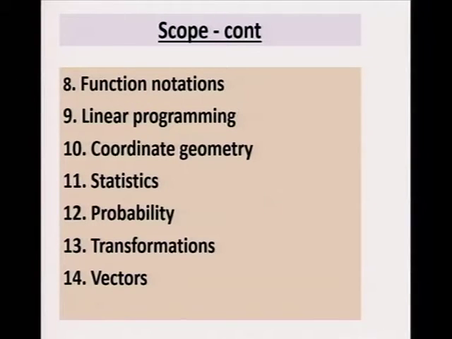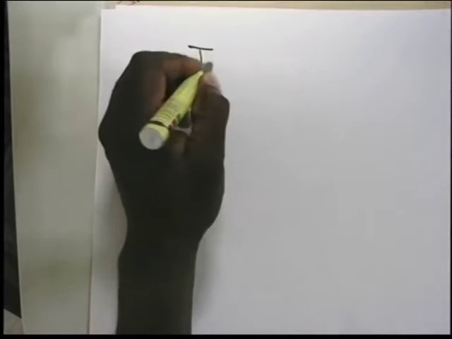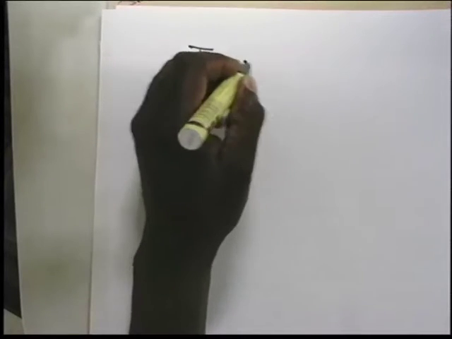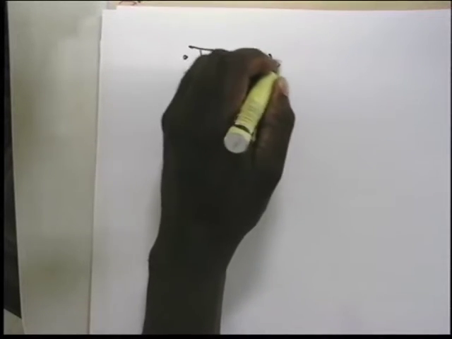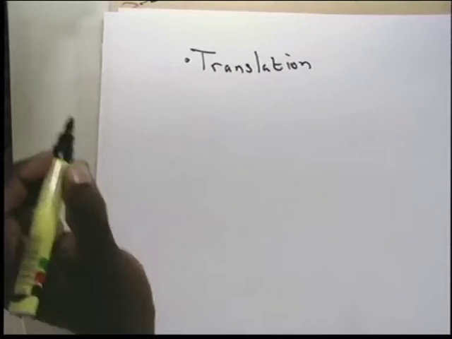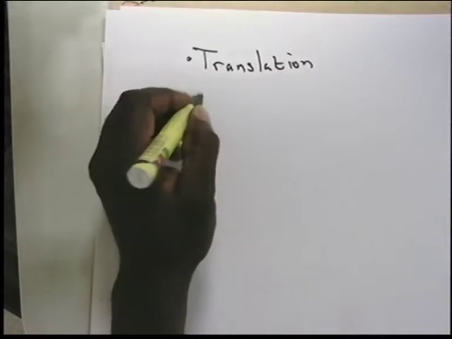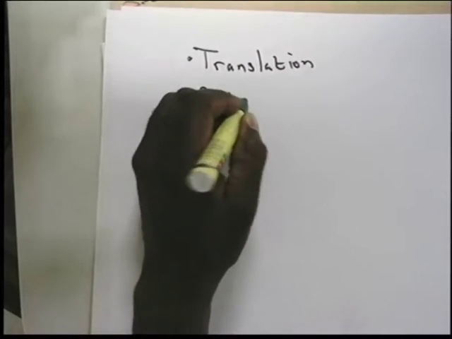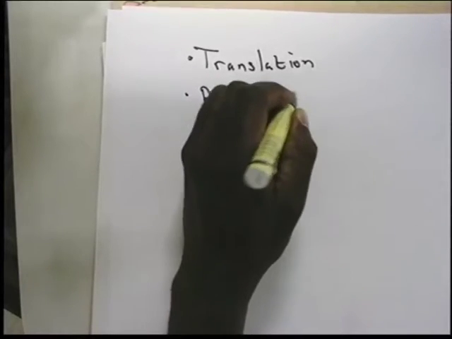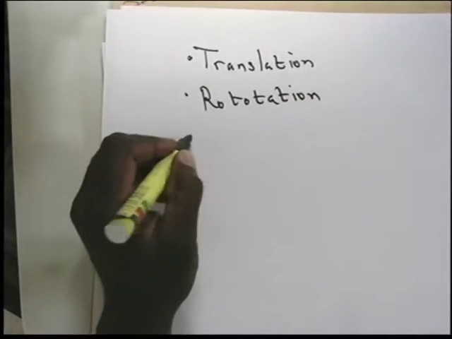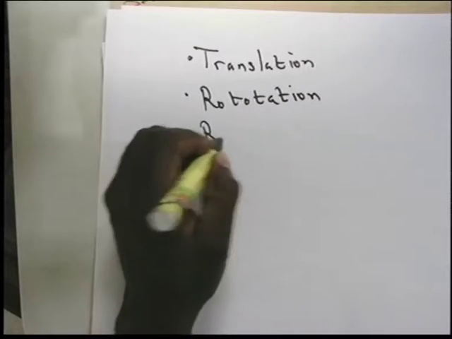As a case in point, we can look at the three transformations: a translation, a rotation, as well as a reflection.